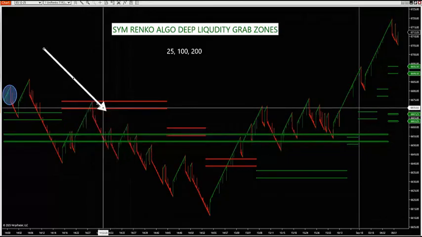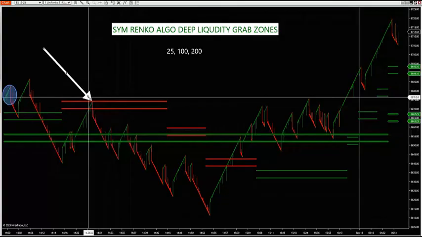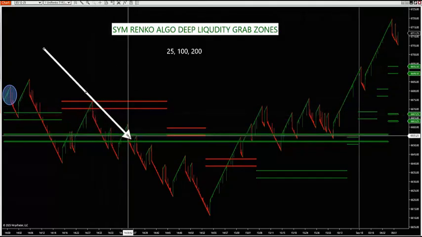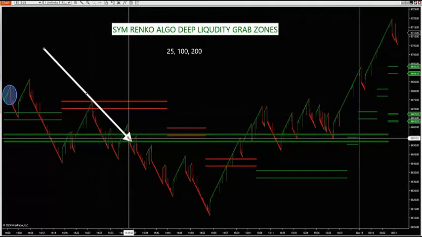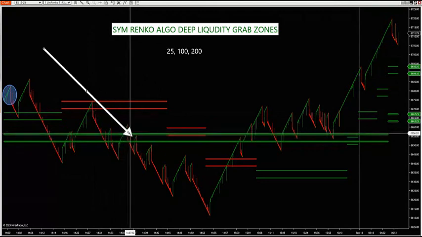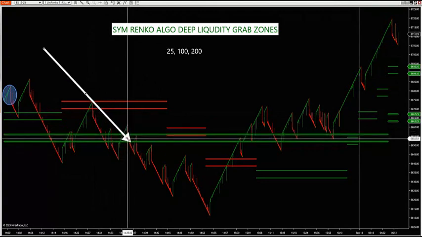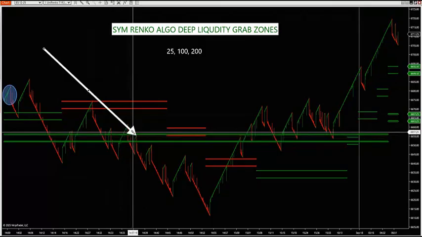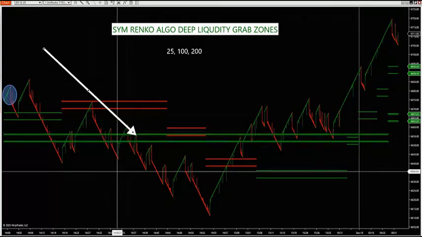Even if you miss this one, if you're scared of taking the zone right before Powell spoke at 2:30, you like this break retest because you don't have to look at the color of the zone. It's just a break retest inside the zone.